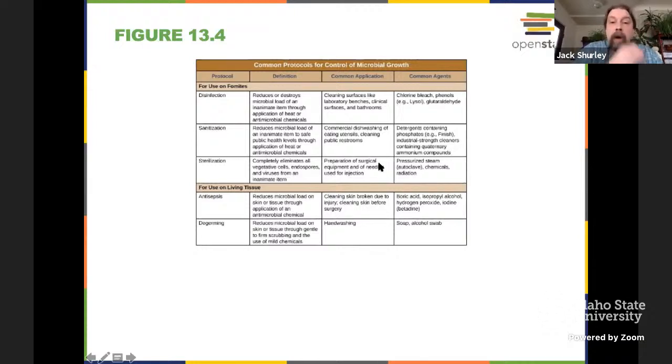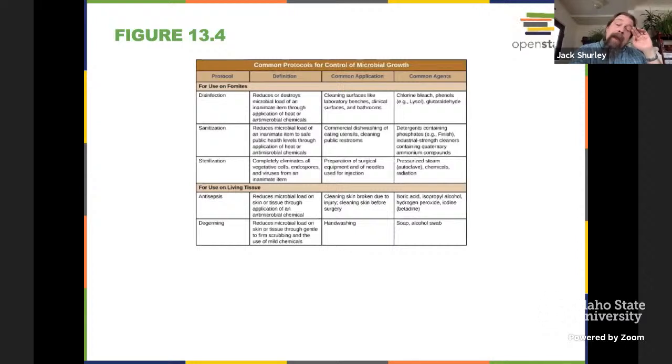Okay, so back to the table. These are a couple of different ideas. So initially, the first three, like I was saying, are for use on fomites. Fomites are inanimate objects, things like the bench top or the computer, the keyboard or a mouse, something like that you may come in contact with, but it's not a living organism, right?